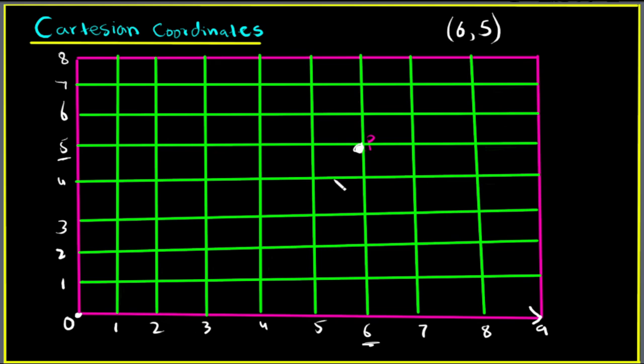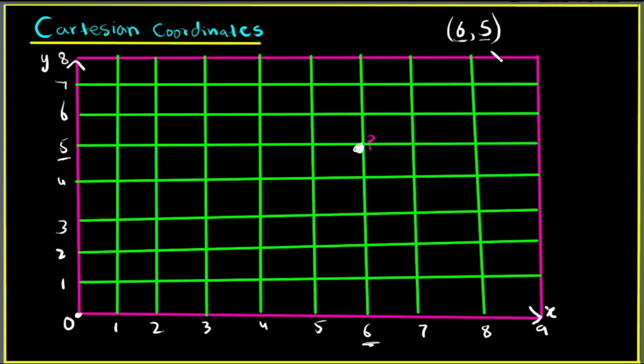So I just need to label these horizontal and vertical directions, and in mathematics we usually call these axes. The horizontal axis is usually called the x-axis and the vertical axis is called the y-axis. We can represent the location of any point by making a grid and seeing how many steps we need to go in the x direction, that's 6 steps, and how many steps in the y direction, that's 5 steps.